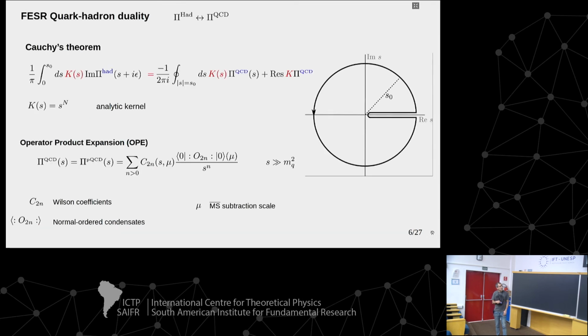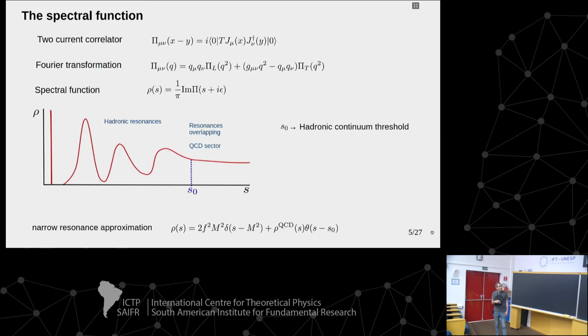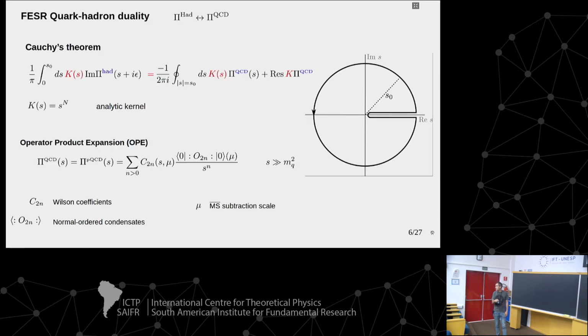I know this is because analytically, our integration path is S0, the hadronic threshold radius. So this is what we separate. In general, the sum rules separate with this threshold what are the hadronic degrees of freedom from QCD.